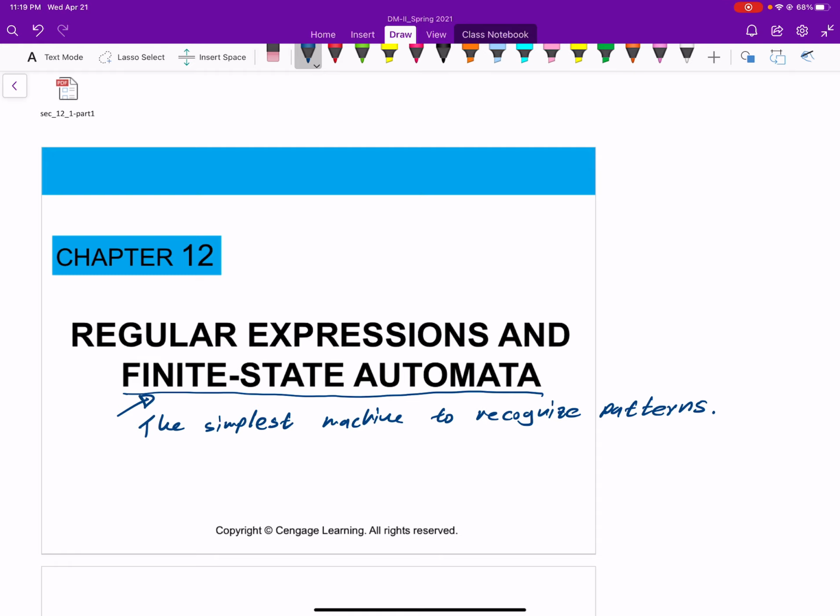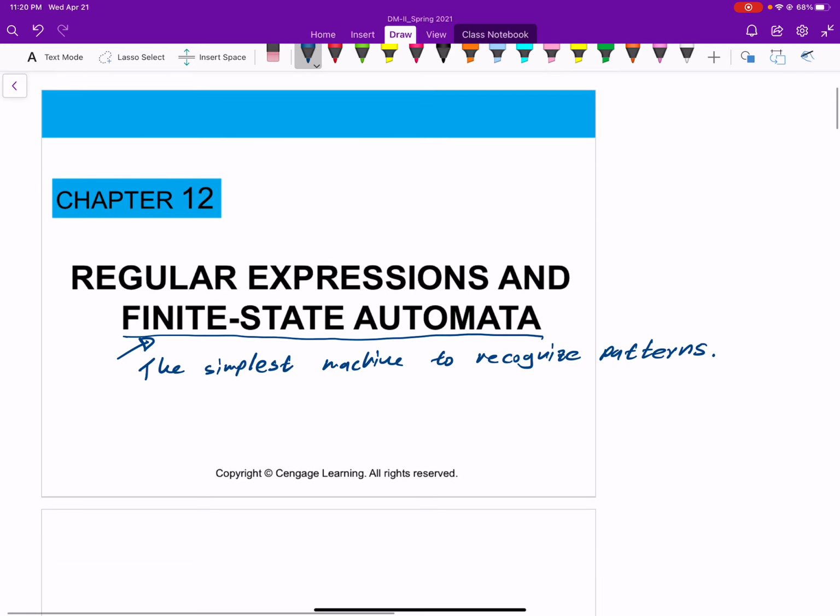There are some applications of this concept. Those applications are: these are useful to design text editors, something like grammar checkers, or things like sequential circuits.